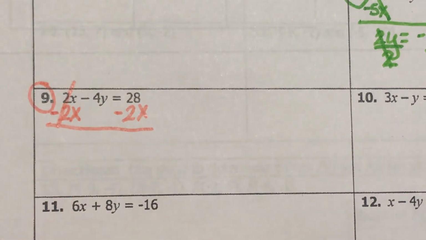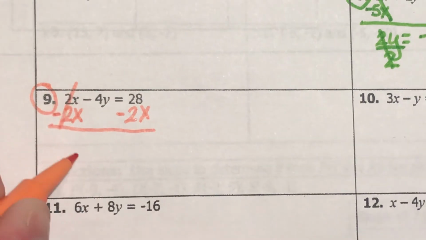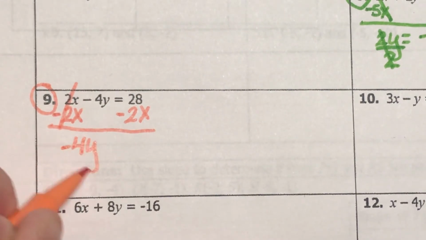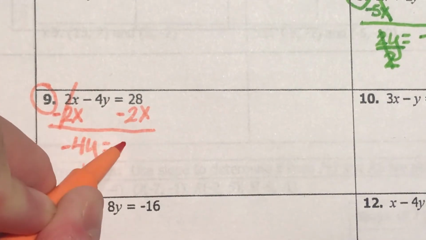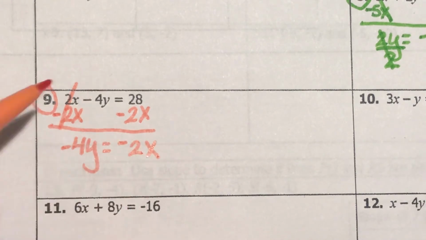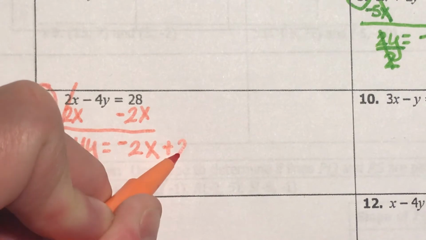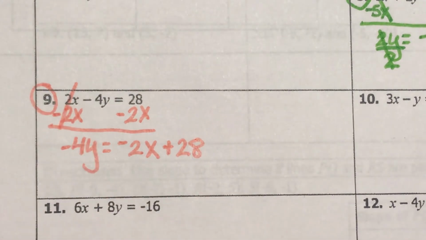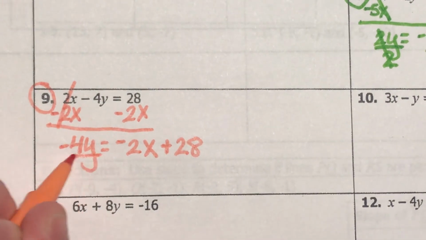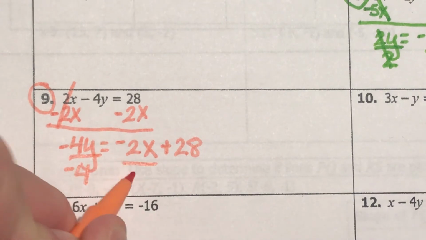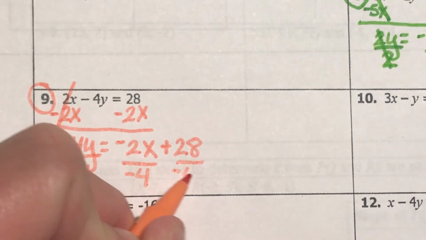And again, we're not really subtracting 2x over here, we're just rewriting it. Negative 4y equals, put this part out in front, negative 2x. This 28 has no sign out in front of it, so it's positive 28. Then to solve for y, divide by that negative 4. Everything gets divided by negative 4.